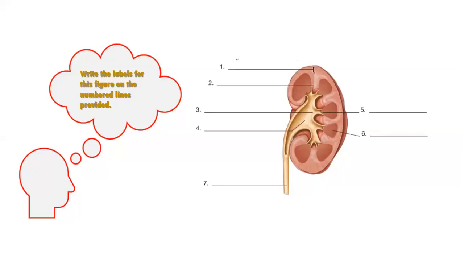Number 6 is the pyramid, and number 5 is the papilla of the pyramid.